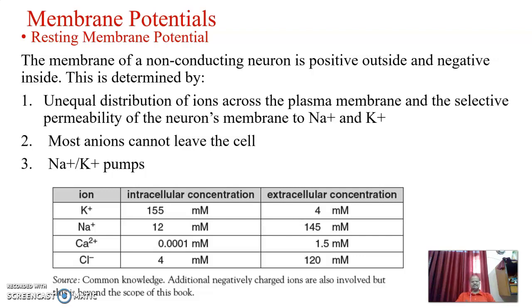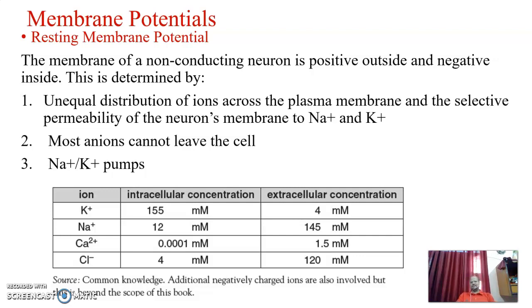The other thing is that most of the anions cannot leave the cell. Phosphate binds in the form of ATP, and other ions bind to proteins, amino acids and protein molecules present inside the cell. They are not in free form, except the potassium ion.